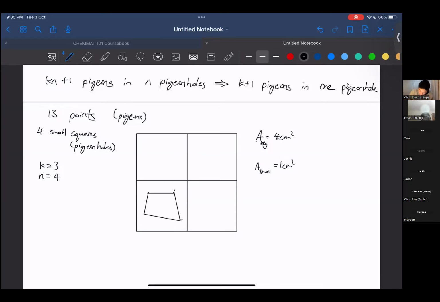So clearly the area of this quadrilateral is less than or equal to the area of the small square, which is 1 centimeter squared. This shows that there does exist a quadrilateral with area at most 1 centimeter squared. That's quite common in these shape-type questions: you split the shape into smaller shapes, which are your pigeonholes, and you can say something about how many points must be in one of those smaller shapes.